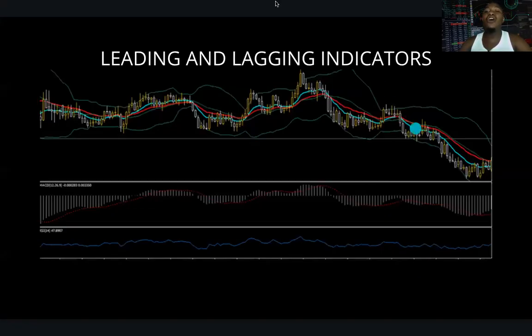They would combine all these indicators and say, if this one crosses this one, and now the Bollinger Bands are doing this, and this MACD is doing this, and this is doing this, which is absolutely nonsense. Sometimes these indicators do not go hand in hand.